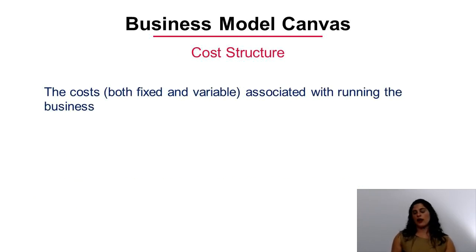From here, we talk about cost structure. So cost structure incorporates both fixed and variable costs. So variable costs will change and fluctuate, especially if you're hiring or you're engaging with contractors and it's not consistent, or if your materials cost changes per how many customers you're serving.